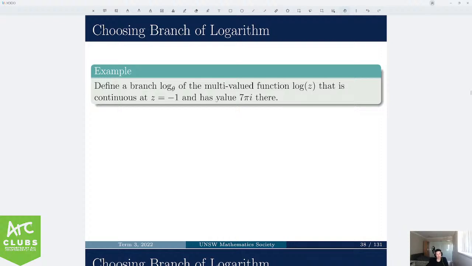Example over here, define a branch log theta of the multi-valued function log z such that we want it to be continuous at -1 and it has a value of 7 pi i there. Now, firstly, the principal branch is not continuous at -1, and hence we can't use that branch.